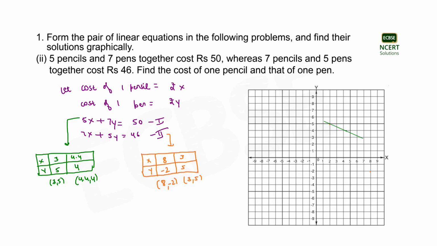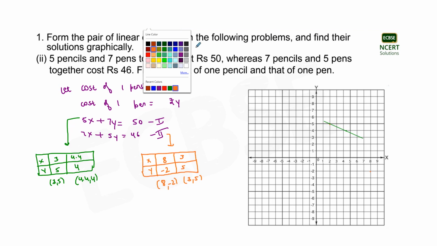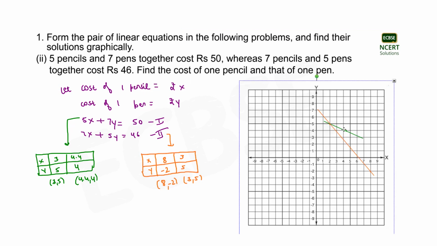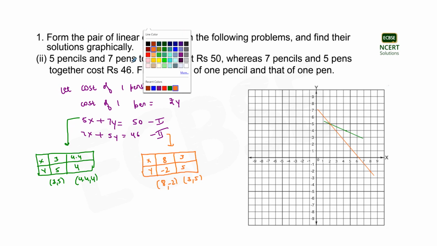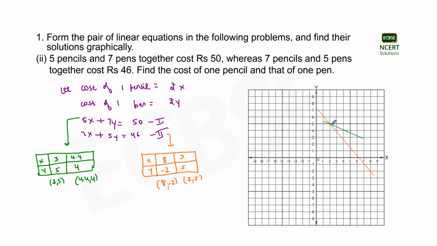So drawing the line which passes through these 2 points, we have drawn 2 lines representing the linear equations 1 and 2 respectively. That is, the green color line represents the first linear equation and the orange color line represents the second linear equation. If we observe this graph, we will see that these 2 lines intersect at the point 3, 5.